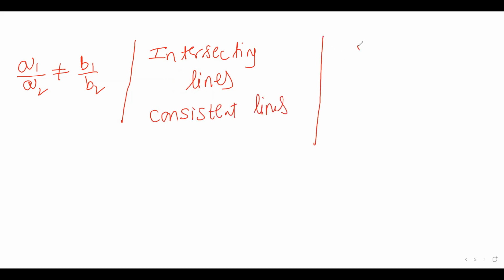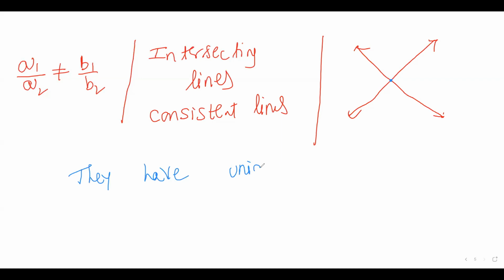Intersecting lines intersect at one point. Both the lines will have one common point, one common solution. So intersecting lines have unique solution.